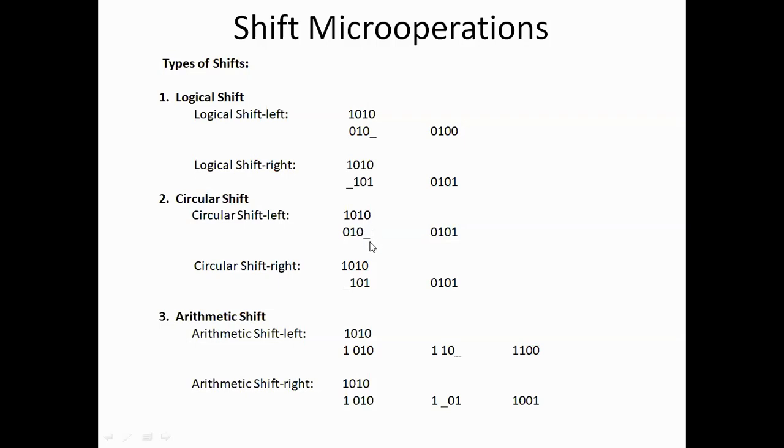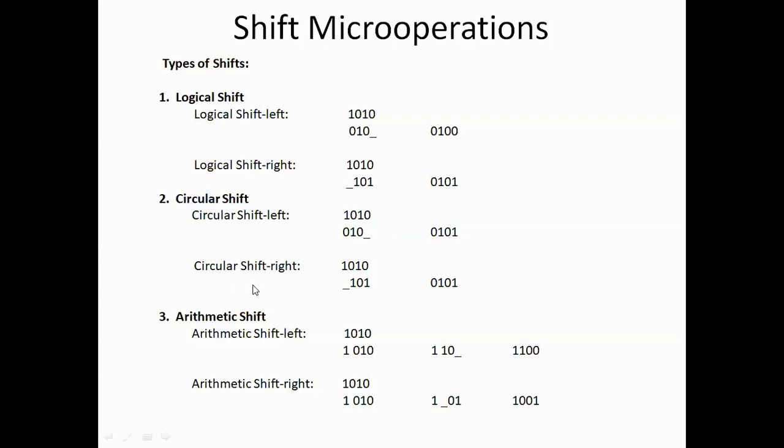And the least significant bit will be filled by the most significant bit of the previous one, that is, the bit which got pushed out. So this is a circular way. All the bits are shifted left, and the most significant bit becomes the least significant bit, like a circle. When that is done, it will become 0 1 0 1.